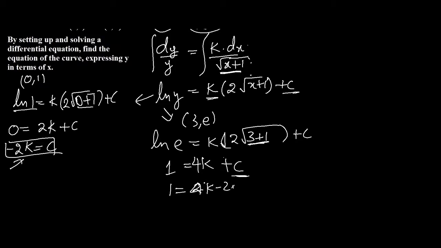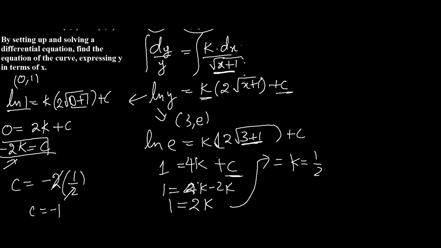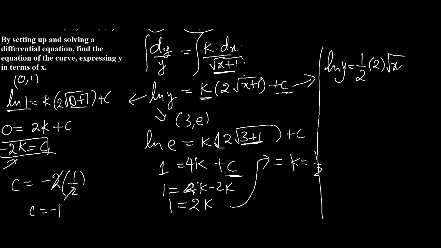4k minus 2k. So 2k is 1, and that gives us k equal to, let's put c here. C is minus 2 times k, which is half. Now c is minus 1. So the final equation becomes ln y equal to half times 2 times the square root of x plus 1, minus 1.